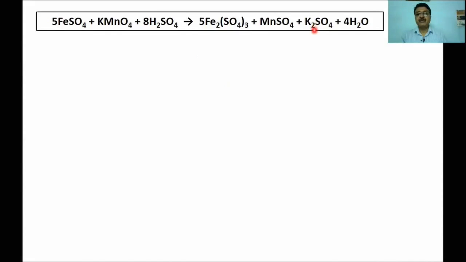Similarly, we have 2 potassium atoms, whereas on the left hand side we have 1 potassium atom. If we count the sulfate ions, here we have 5 plus 8, 13, and here we have 15 plus 1 plus 1, 17 sulfate ions. So this equation is not balanced.